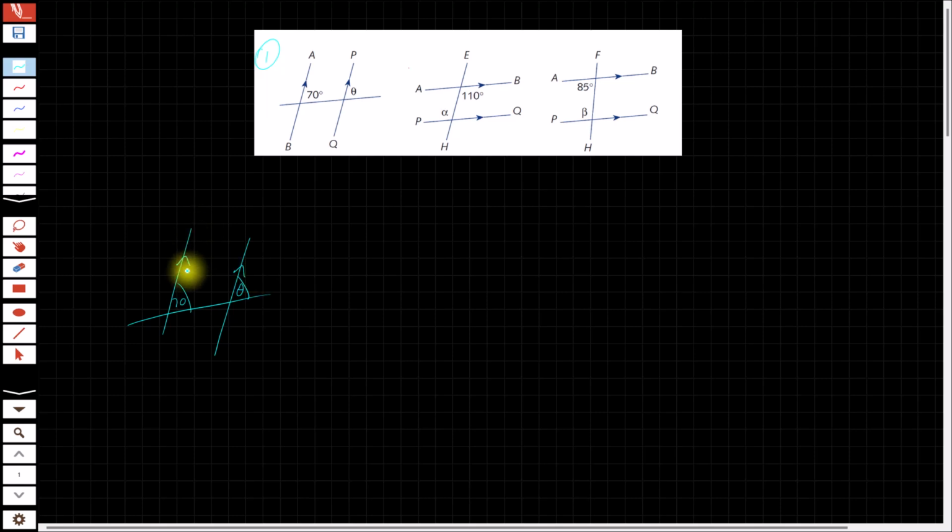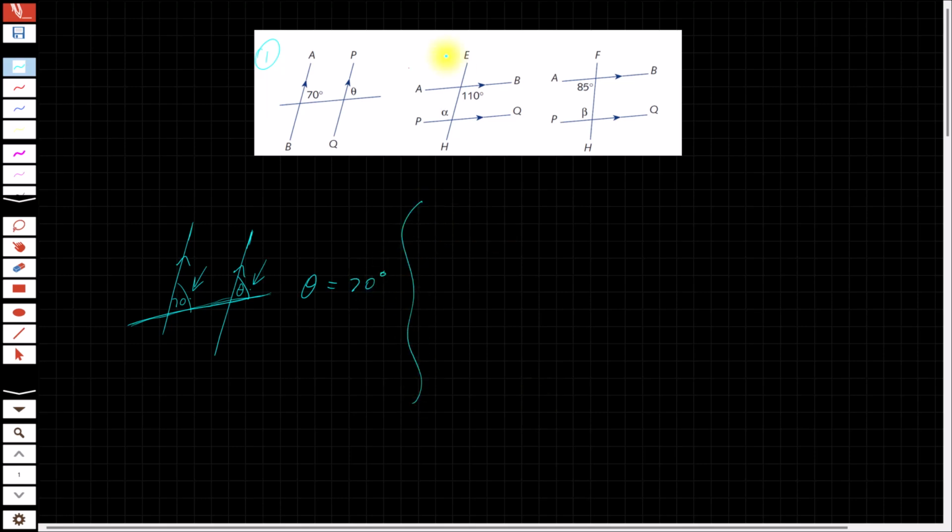This angle is going to be exactly the same as this angle here, because this line is straight, which means those two angles have to be the same. So theta equals 70 degrees.